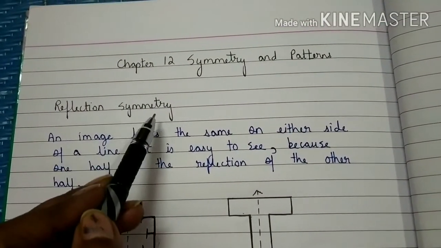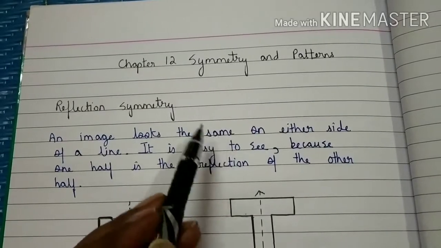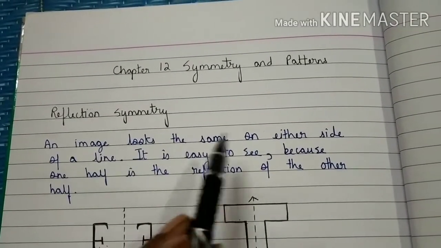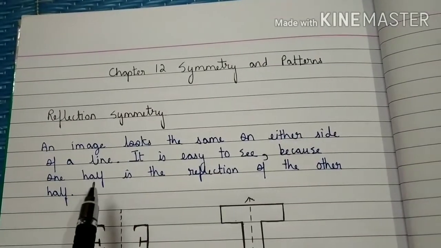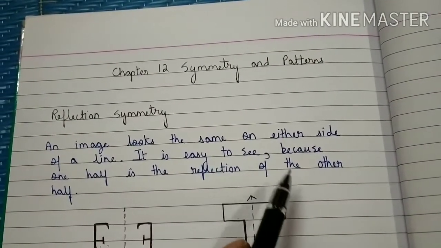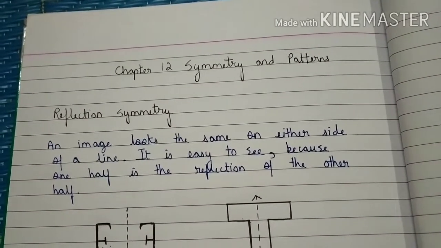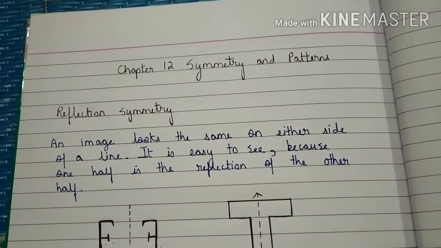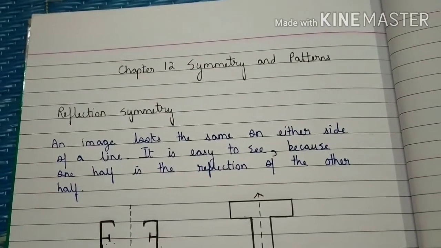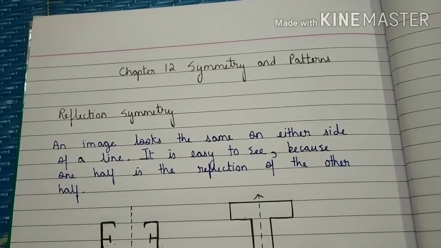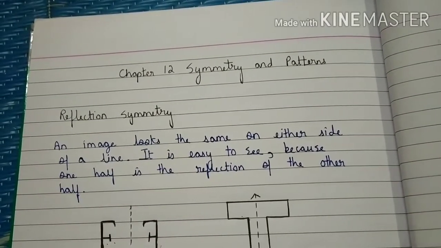Reflection symmetry means an image looks the same on either side of a line. It is easy to see because one half is the reflection of the other half. Now students, when you look at an image along both sides of a line, you will notice that the image looks the same.